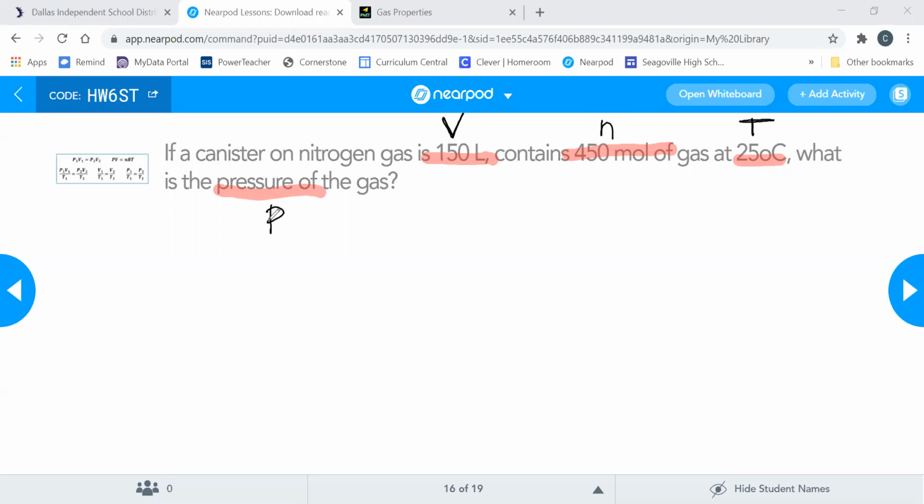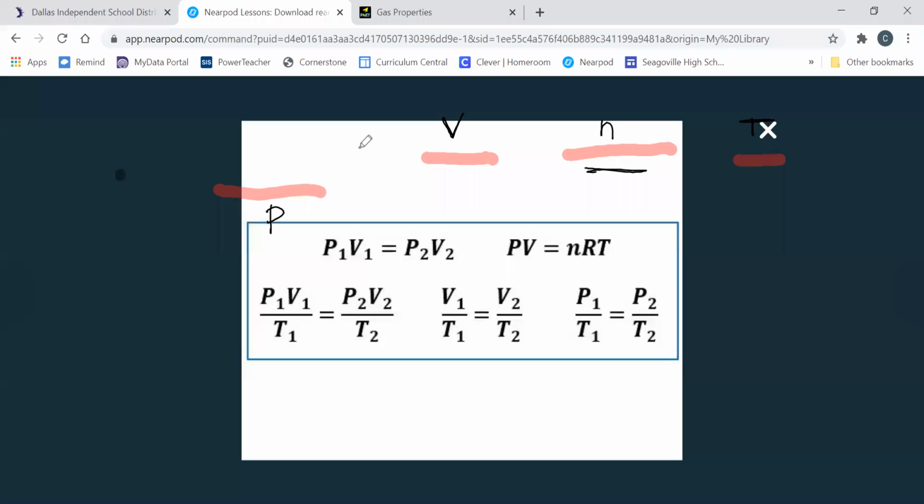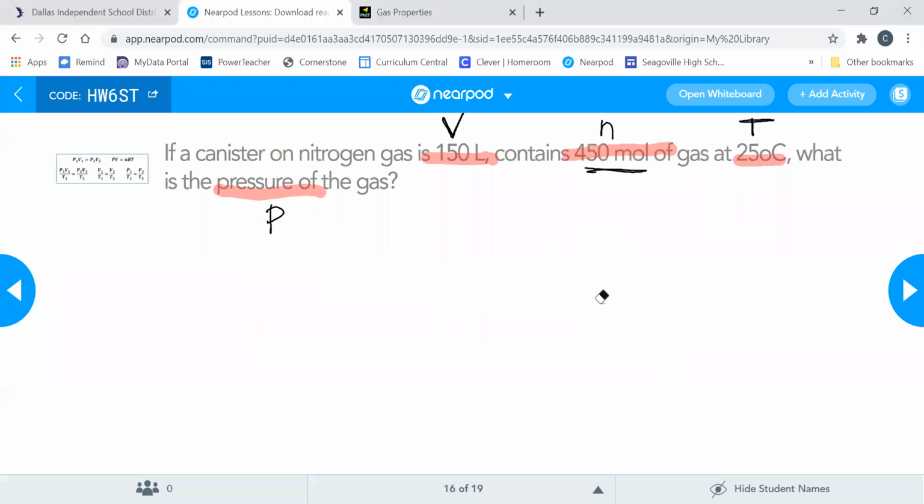Because they gave me moles, and only one formula is ever going to give me moles, and that is the ideal gas law, it's going to be this one. If you see moles in the question, then you know it's the ideal gas law.